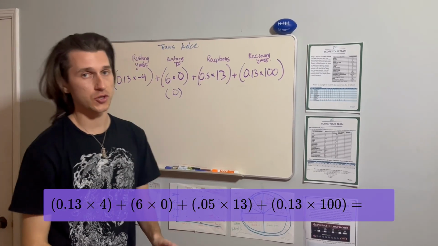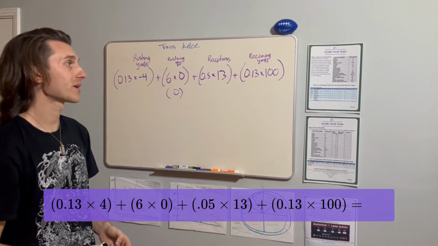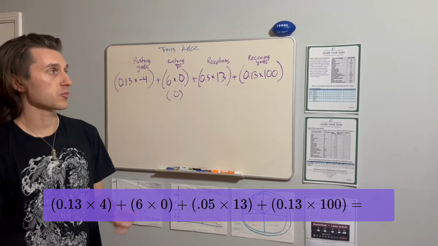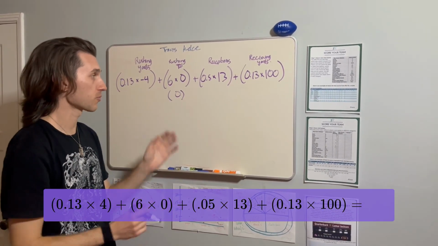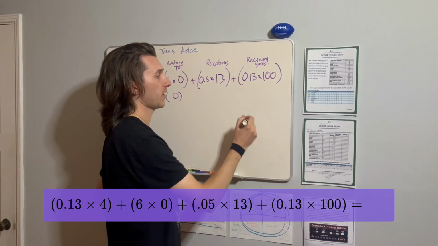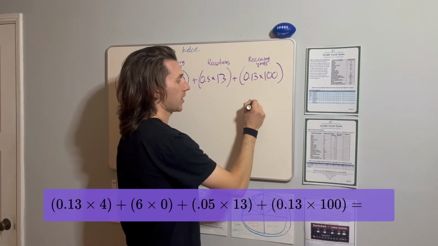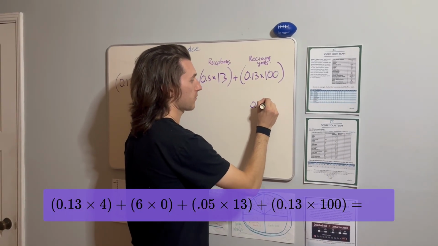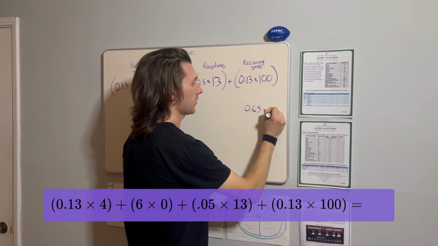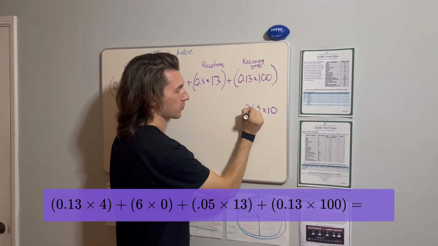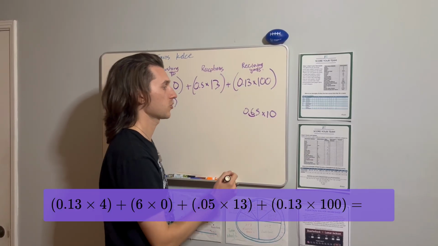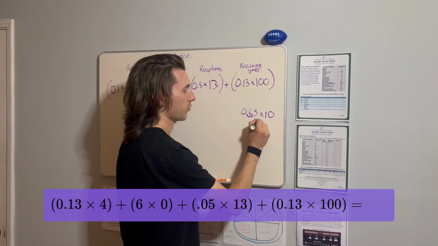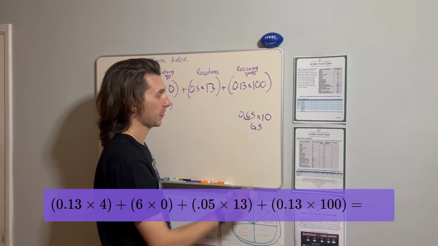Now there's a really easy trick for when you're using decimals, which is that for any decimal number times 10, all you have to do is move the decimal over. So if I have, let's say, 0.65 times 10, all I've got to do is move this decimal point over in order to do the multiplication, and I just end up with 6.5.